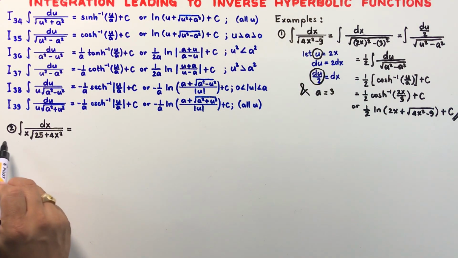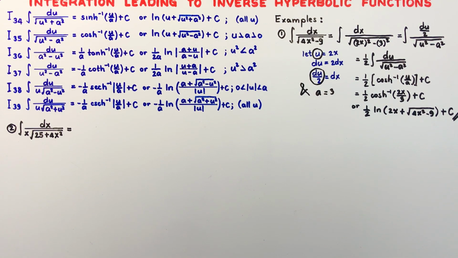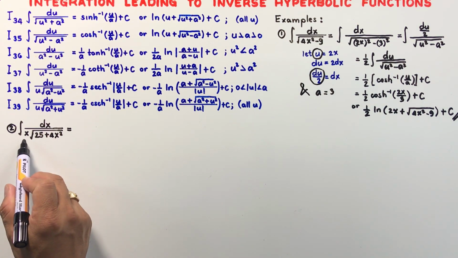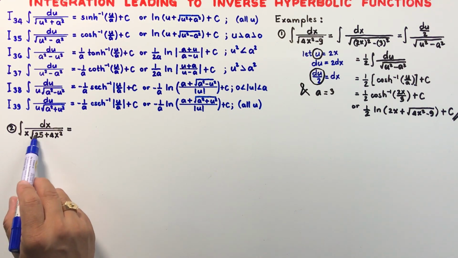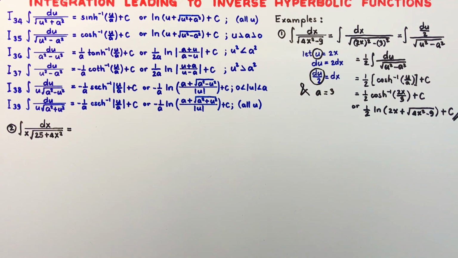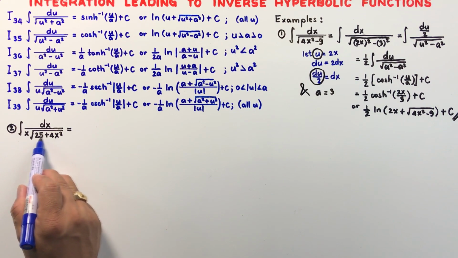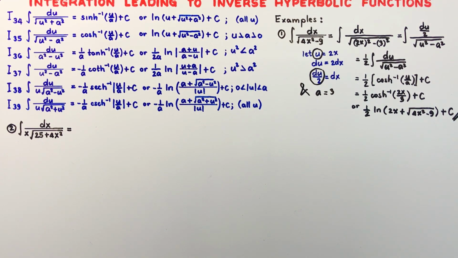So let's proceed to our example number 2. We have the integral of dx over x times the square root of 25 plus 4x squared. So we might suspect that this is formula 39 because we have some x's outside the square root symbol. But as you can see, inside the radical symbol should be the sum of two squares.